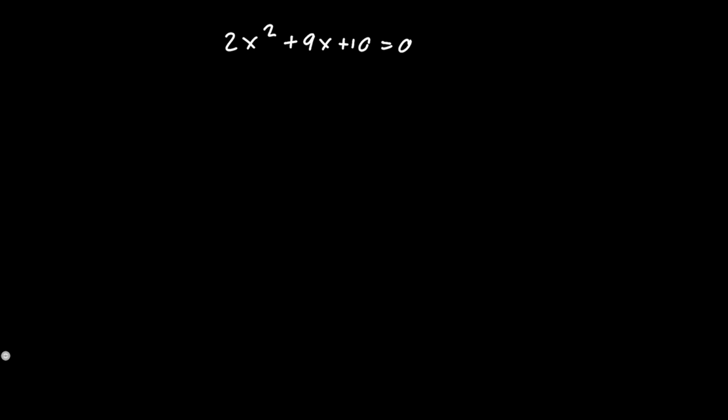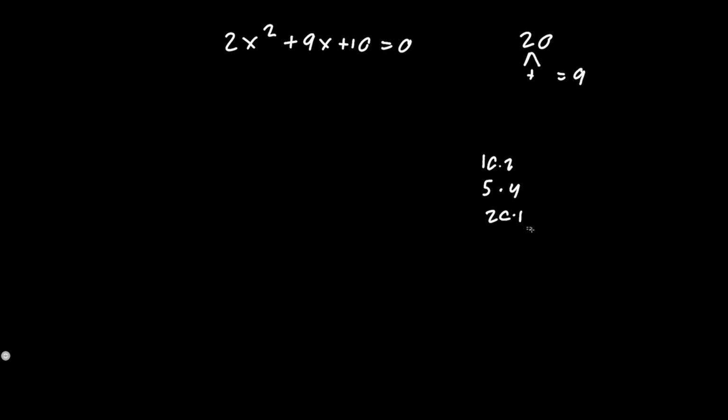Well, we could try various methods, but we're going to simply do the AC method, where we have 2 times 10, that is 20, and we want to find two numbers that will multiply to 20 and add up to 9. And at first glance, you would just have to look at the factors of 20, which if we split 20 into factors, we would see that we could have 10 times 2, or 5 times 4, or 20 times 1.